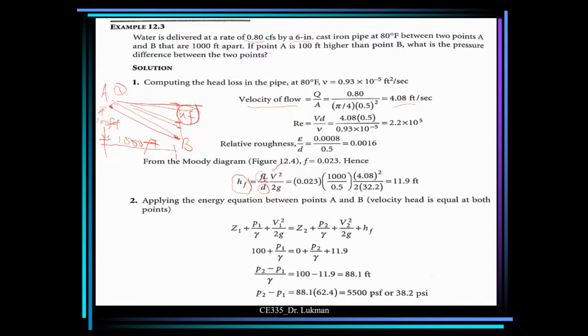And then F, we need to find F. To find F, we need the Reynolds number and the relative roughness so that we can use the Moody's diagram, okay? The Reynolds number, VD over nu, now we substitute, you can see this is the Reynolds number.